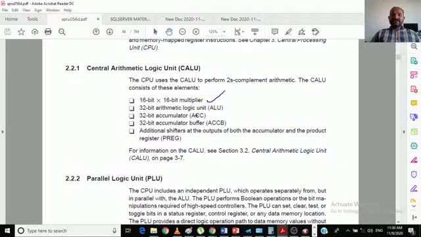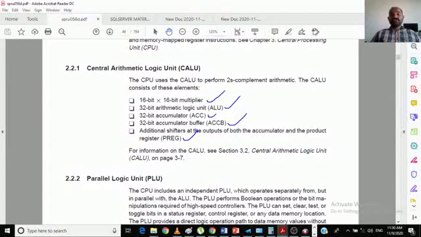Inside the CALU block we have the 32-bit arithmetic and logic unit, which is able to perform 32-bit arithmetic operations, addition and subtraction. This block also has a 32-bit accumulator, a 32-bit accumulator buffer register, and a product register.